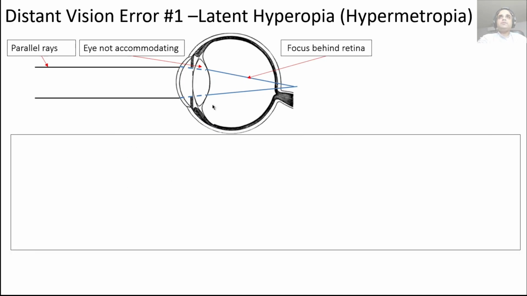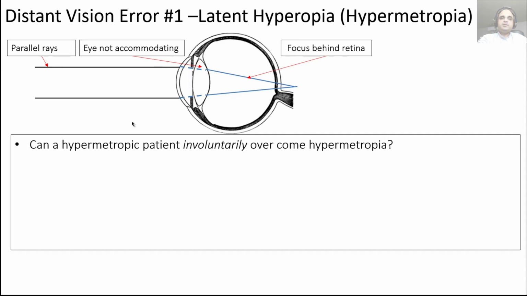So if this is the patient, is it possible for this patient to overcome his or her refractive error involuntarily? Can this hypermetropic patient involuntarily overcome his or her hypermetropia?